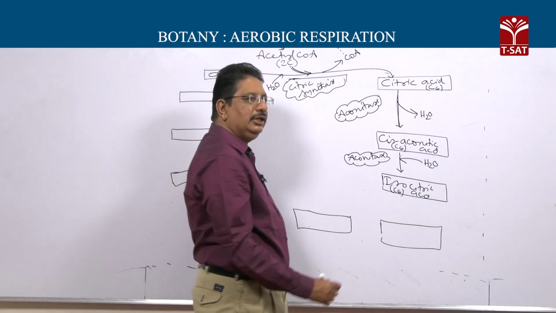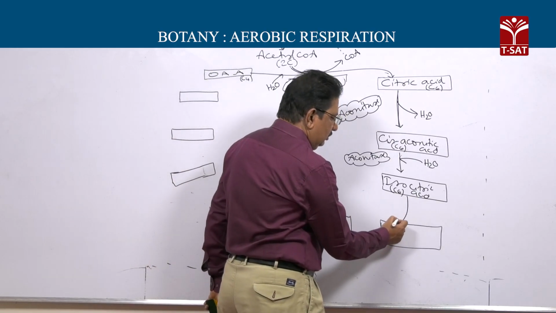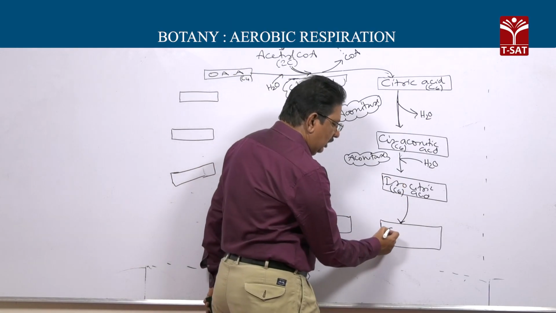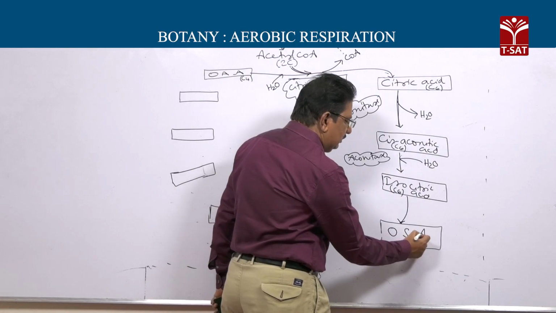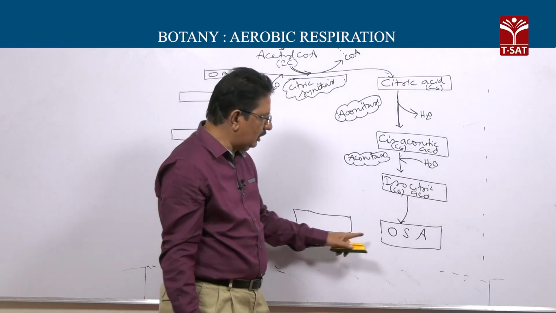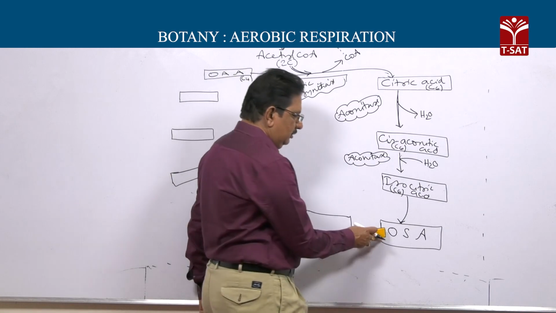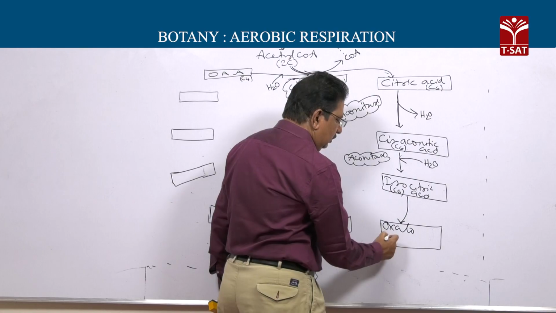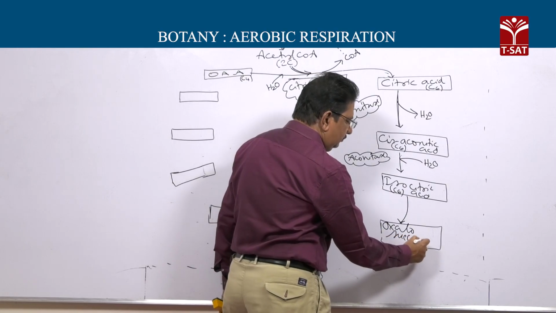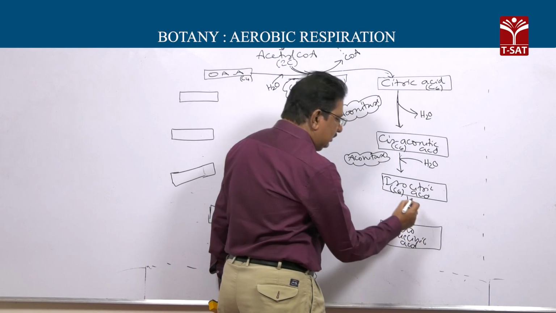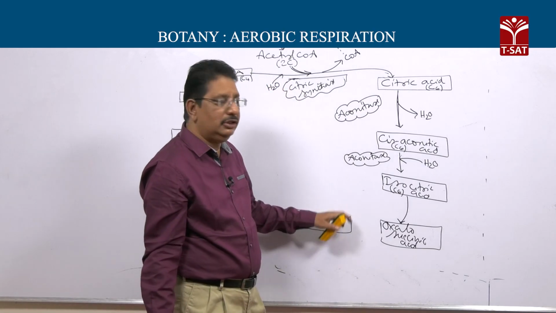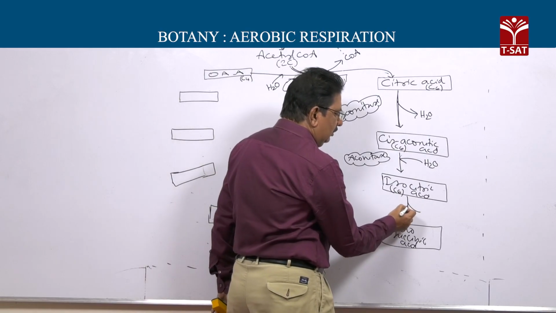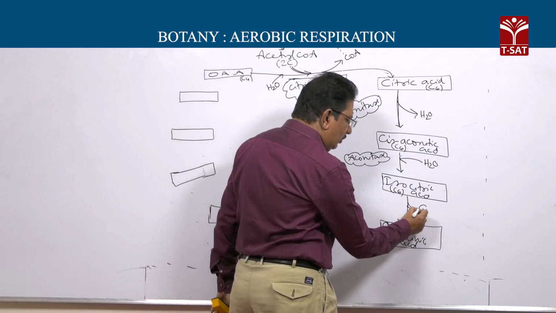Now, the isocitric acid is converted into another compound called oxalosuccinic acid. And this conversion of isocitric acid into oxalosuccinic acid occurs after the removal of hydrogens.